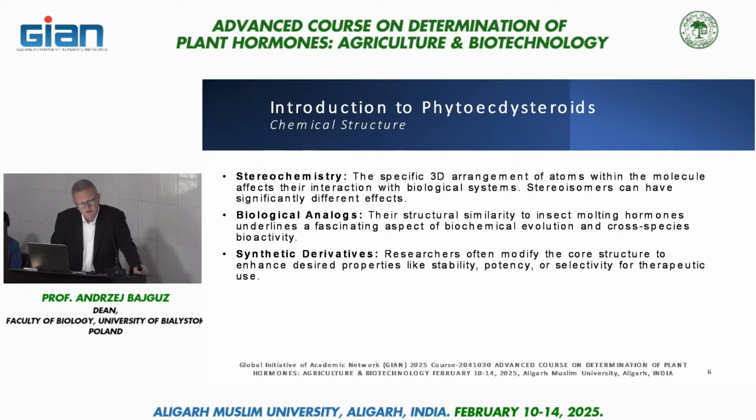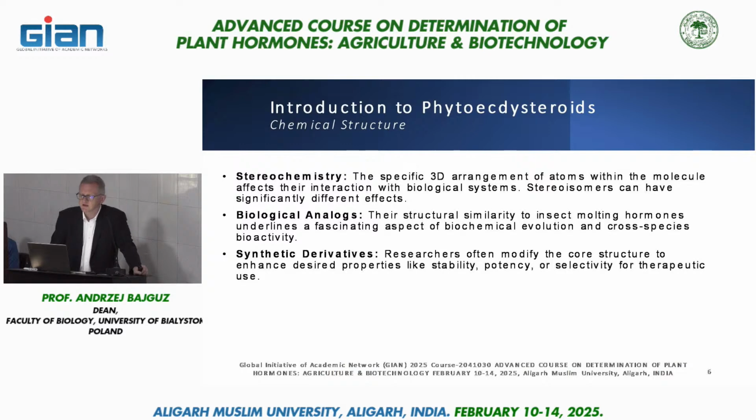A fascinating aspect of phytohormones is the structural similarity to insect molting hormones, known as ecdysteroids, or phytohormones known as brassinosteroids. Sometimes phytohormones are known as brassinosteroid-like compounds.